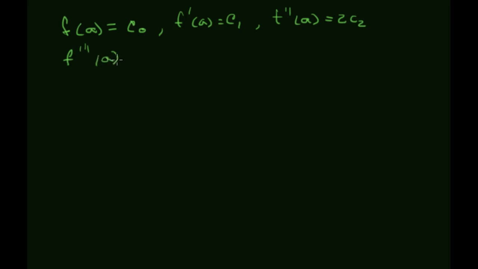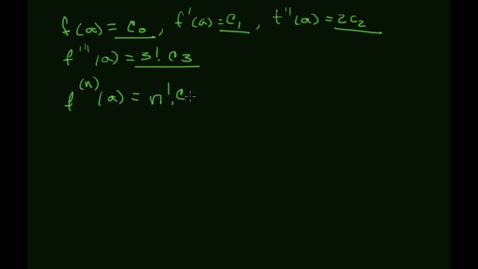Okay, so note, I have that f of a is c0, f prime of a is c1, f double prime of a is 2c2, f triple prime of a is going to be 3 factorial c sub 3, and I said that's 0 factorial c0, 1 factorial c1, 2 factorial c2, and 3 factorial c3, and if you keep going, it keeps going on and on, where we can say that the nth derivative of f at a is n factorial times c sub n.